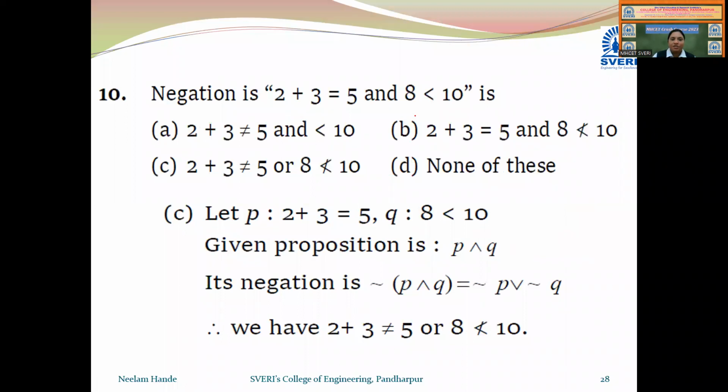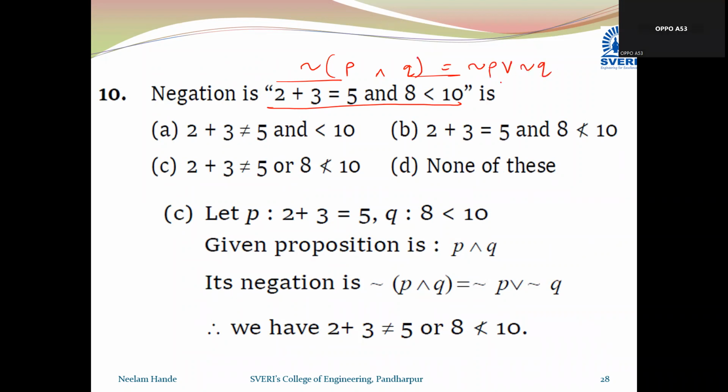Sure. Next is negation again. This is the statement. Two statements are there, first and second, and there is or in between. So this is P or Q, and it is asked the negation of this. So what is the negation? Option C. Very good. 2 plus 3 equal; the negation of equal is not equal.